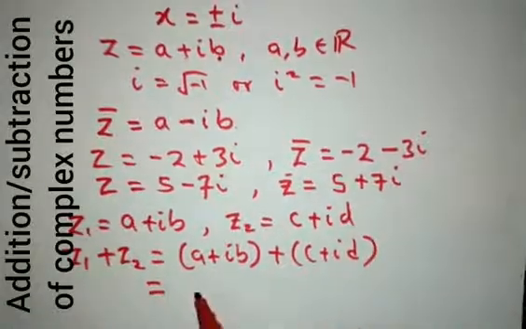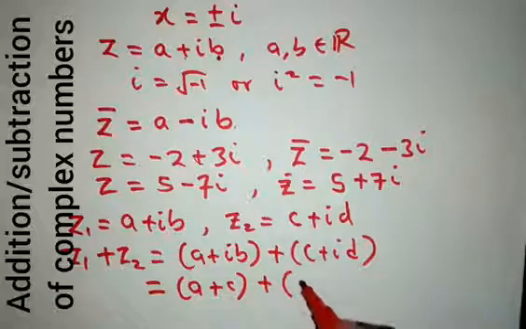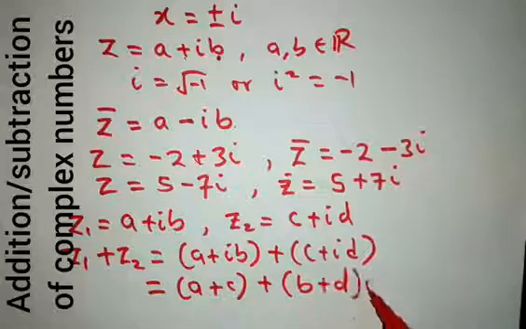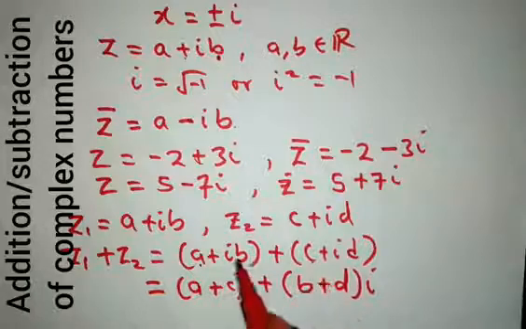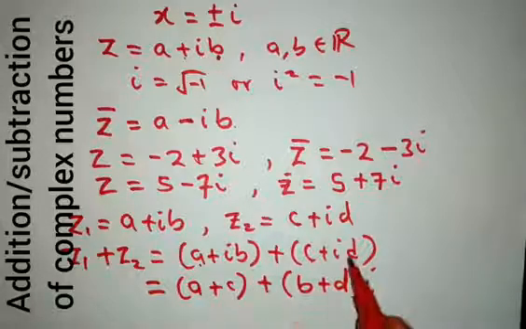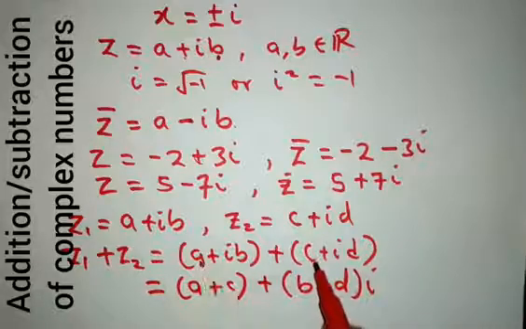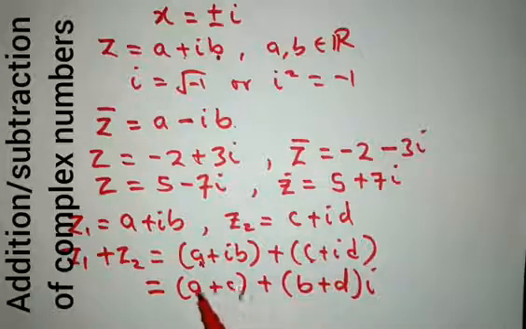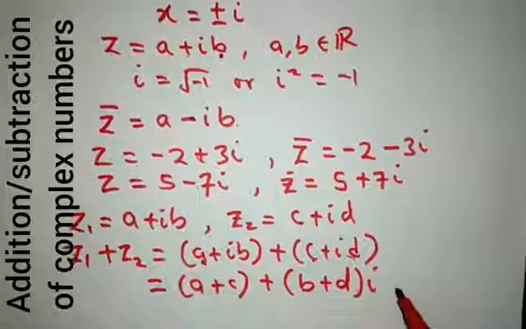And this gives a plus c plus i times b plus d. That is, we add the real parts and the imaginary parts respectively. The real part of this is a, the real part of this is c, so we add both, and then we also add the imaginary parts to give this.